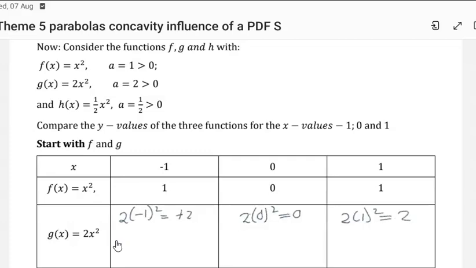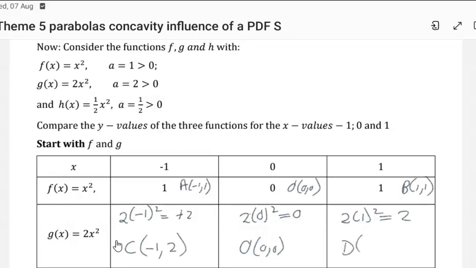So here we had the point A, minus 1, 1. There we had the origin. And here we had the point B, 1, 1. In this case, we have the point C: x is minus 1, y is 2. Still O, the origin, and then also point D, where x is equal to 1 and y is equal to 2.